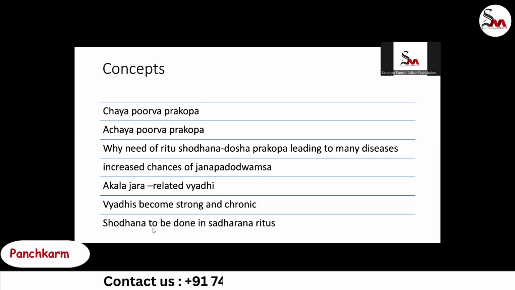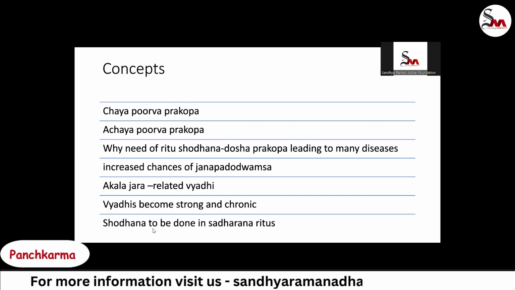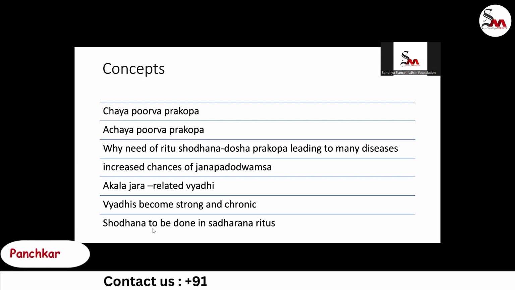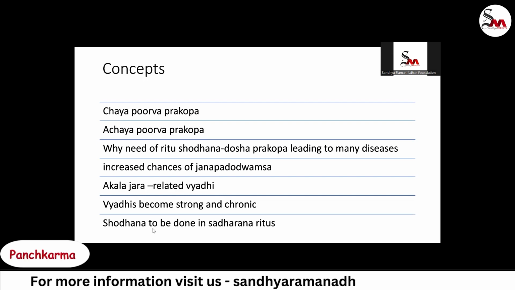But if we don't do Ritu Shodhana before that Ritu steps in, the disease becomes stronger with every year passing by. Okay, that is one thing. Second thing is, if their immunity is suppressed or not good, then the disease becomes chronic, a Chirakalina Vyadhi, and it becomes more Kashtasadhya, Yapya, and Sadhya.